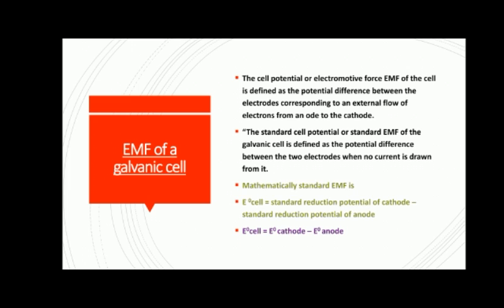The standard cell potential or standard EMF of the galvanic cell is defined as the potential difference between the two electrodes when no current is drawn from it. Mathematically, it is given as E0 cell is equal to E0 cathode minus E0 anode.